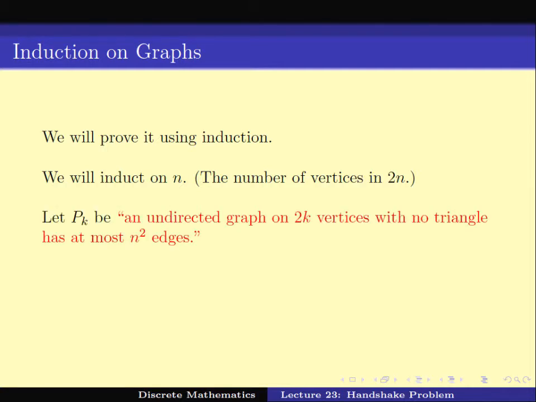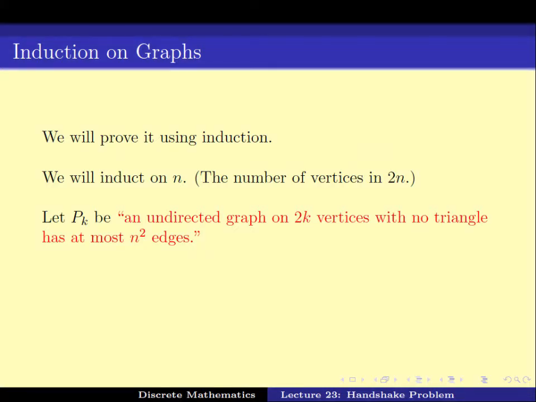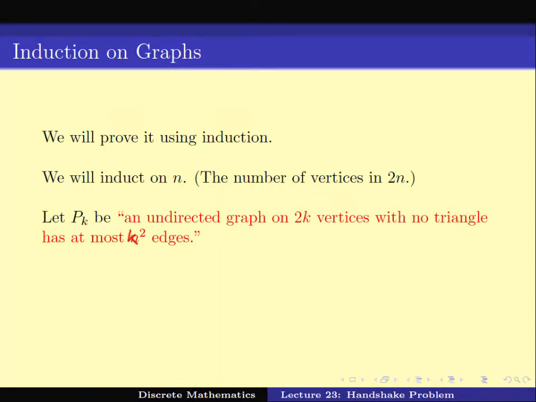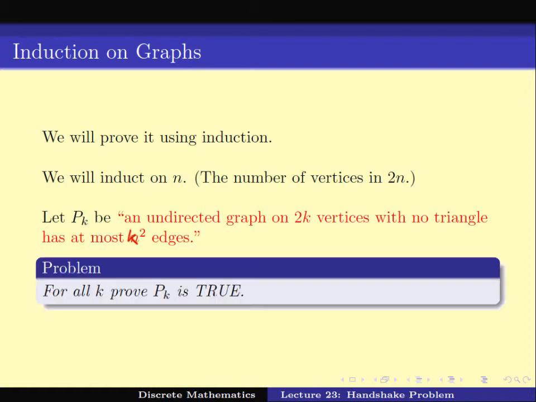So let Pk be the statement saying that an undirected graph on 2k vertices with no triangle has at most k square edges. So this is the Pk case problem, and in that case we want to prove that for all k, the statement Pk is true.